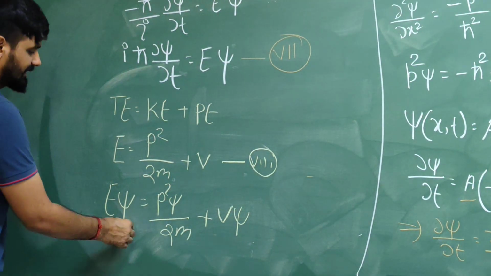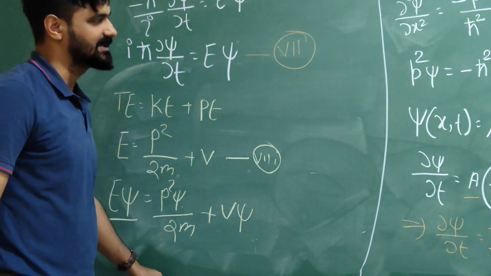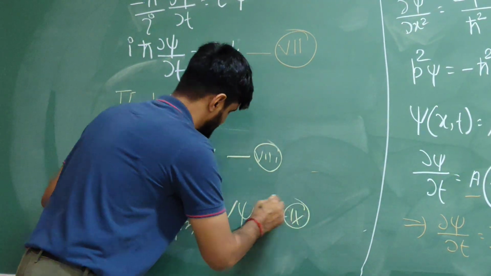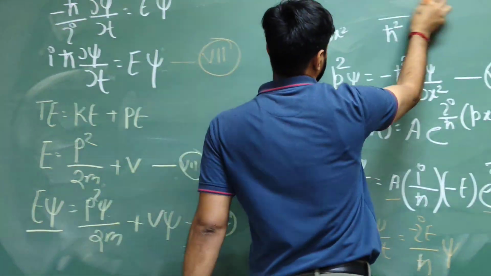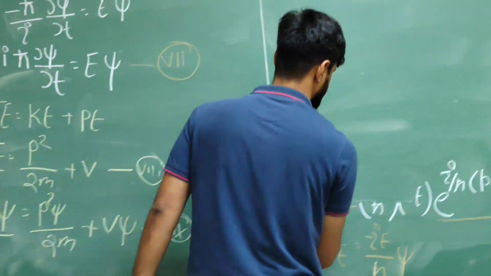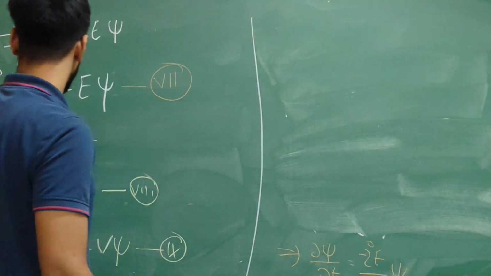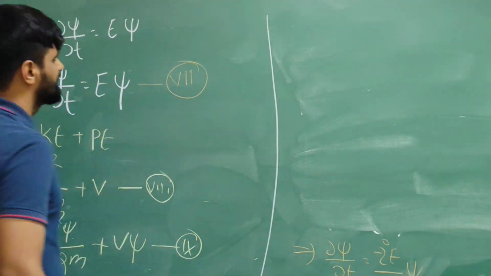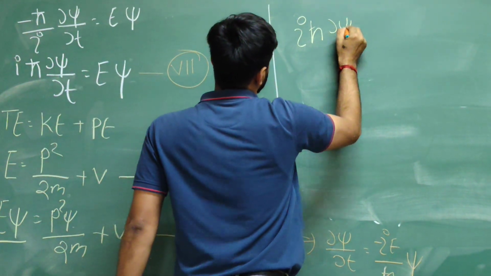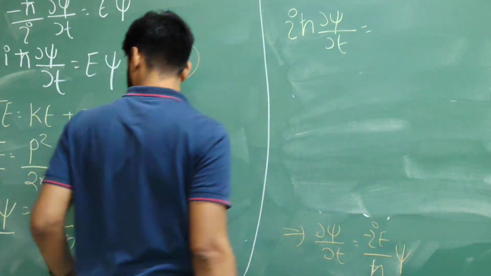Okay, so now we got the value of E psi, we have the value of P square psi from equation 6 and equation 7, and then we will substitute this in equation 9 and see what we get. So if you substitute this value of E psi over here, that will give you the value of i h del psi by del t, and that is equal to P square.